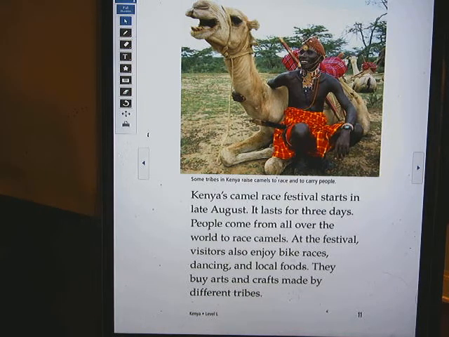Just like the fair, people buy things there. They buy arts and they might buy crafts while they're there. I don't think there's bikes at our fair, but we enjoy rides at our festival. But this is what they do in Kenya. They ride and race their camels. So that sounds kind of interesting.